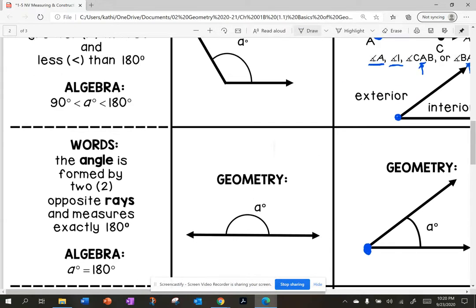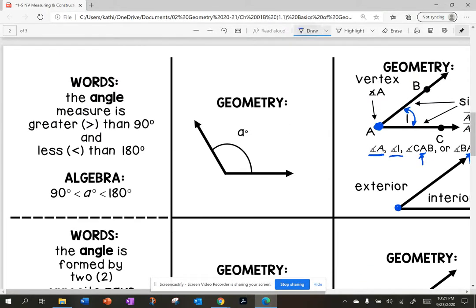Let's talk about my next angle. My next angle is called an obtuse angle. Here's my vertex. An obtuse angle is greater than 90, but less than 180 degrees.